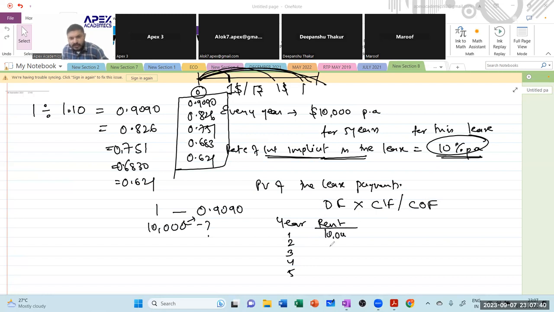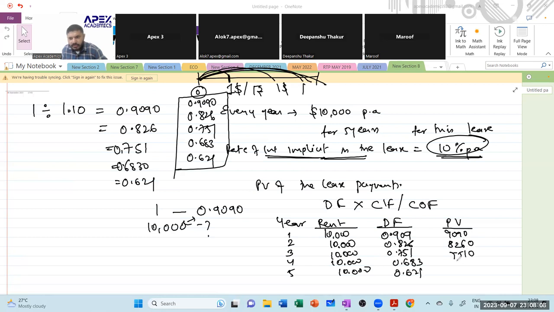They are 10,000, 10,000, 10,000, 10,000, and 10,000, against which the discounting factor is 0.909, 0.826, 0.751, 0.683, and 0.621. Now take the present value, just multiply. This will be 9090, this will be 8260, this will be 7510, this will be 6830, this will be 6210.